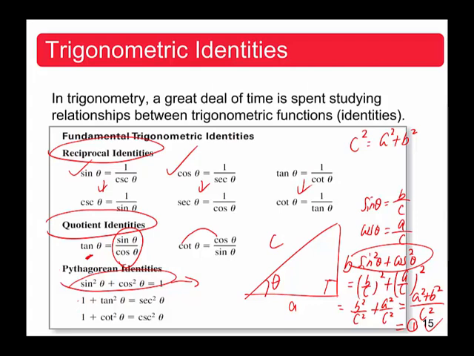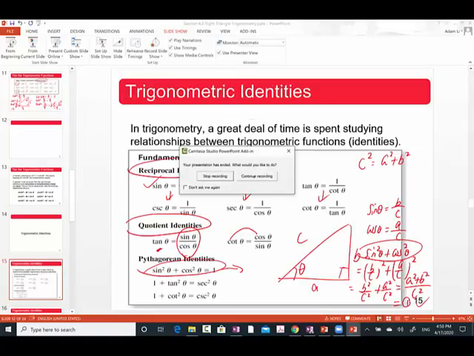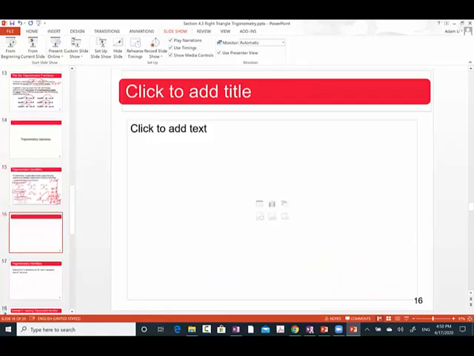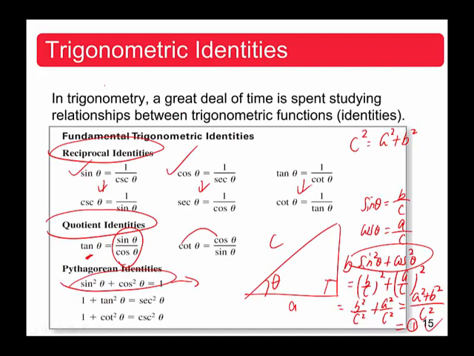If you look at the other two, we can easily find them by using the first identity. Let me include another slide to help you understand this. So again, we already have sine theta squared plus cosine theta squared equal to 1.